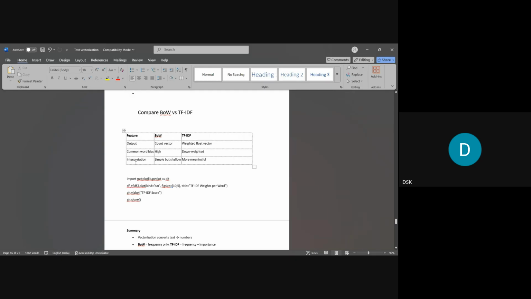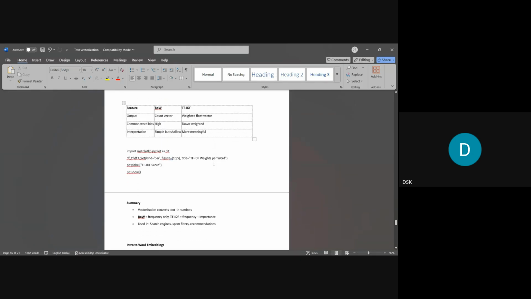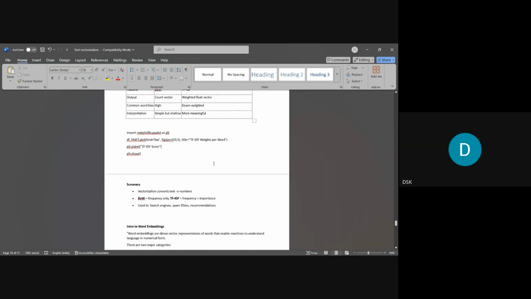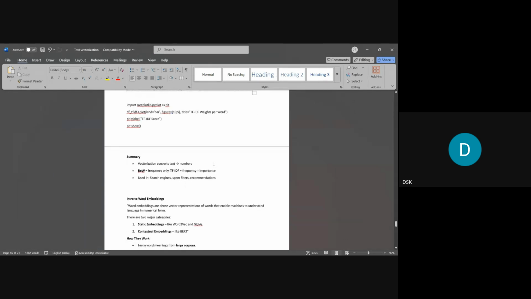The interpretation for BOW is simple but shallow, but TF-IDF has a more meaningful interpretation. So basically, vectorization converts text into numbers. For bag of words only frequency is there, but for TF-IDF frequency plus importance is there, and both are used in spam filters, recommendation systems, and search engines.